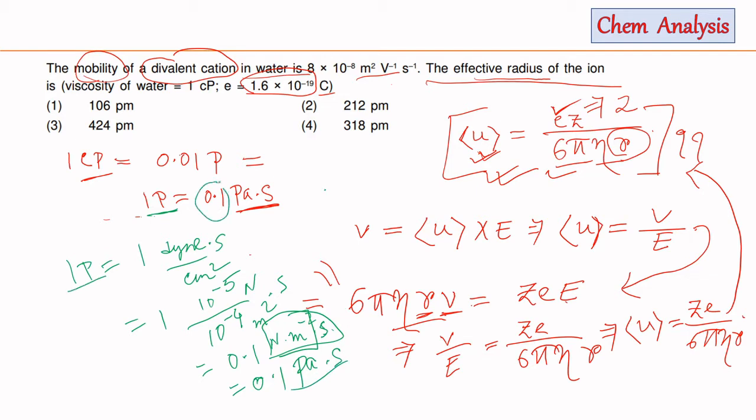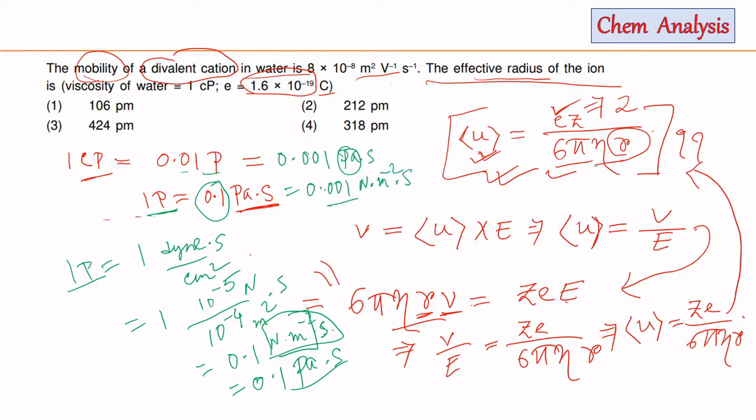Since here it is 1 centipoise, that means 0.01 poise, we can write it as 0.001 Pascal second, and we can convert this Pascal to Newton meter square, that is Newton meter to the minus 2 second.